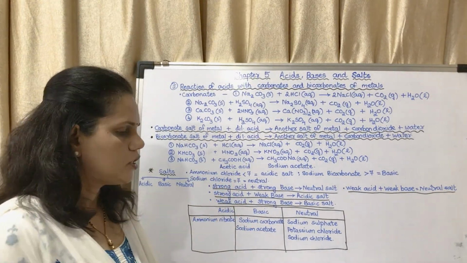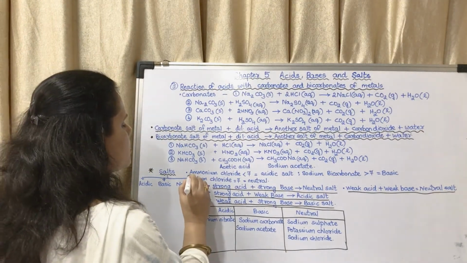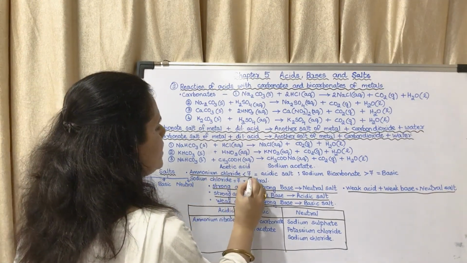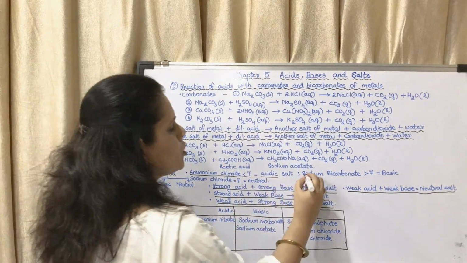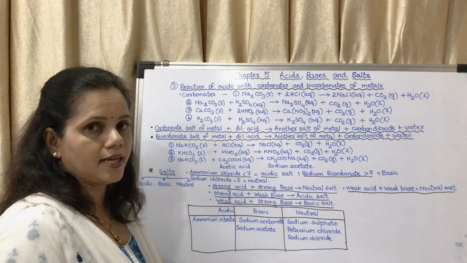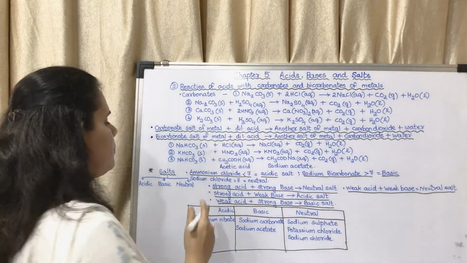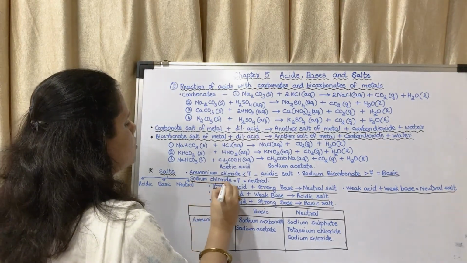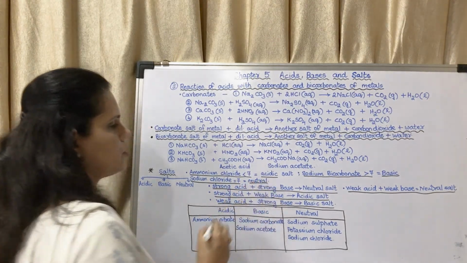Ammonium chloride shows a pH less than 7, that means it is an acidic salt. Sodium bicarbonate gives a pH greater than 7, that means it is a basic salt. Sodium chloride shows a pH equal to 7, that is a neutral salt.